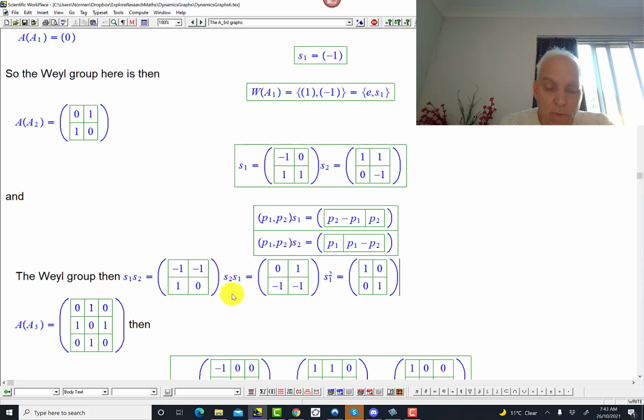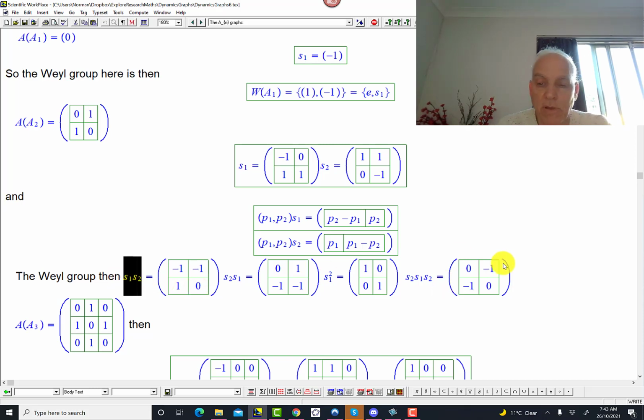How else could I get more? Well, I can just keep on multiplying, right? I could take, after this, S2, S1, and I could multiply by S2. Or I could take S1, S2, and multiply by S1.